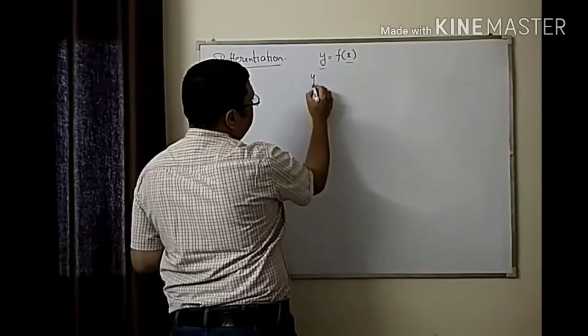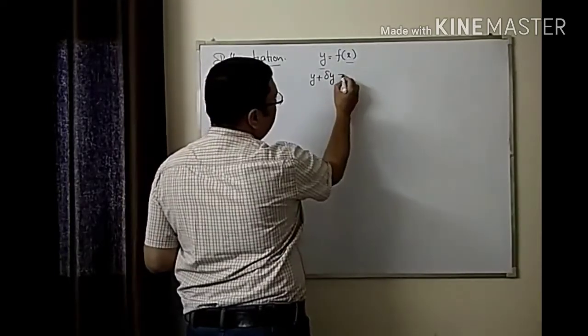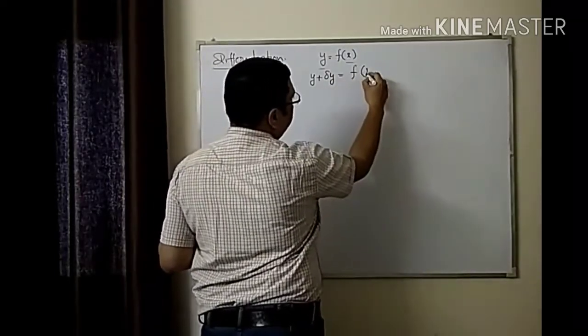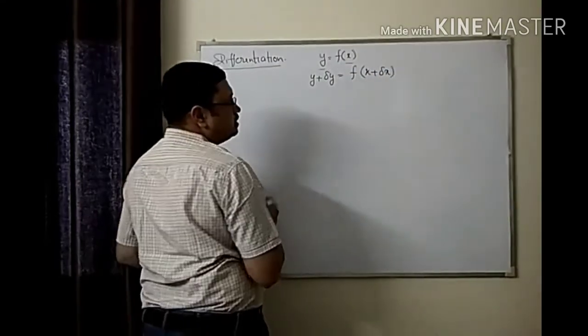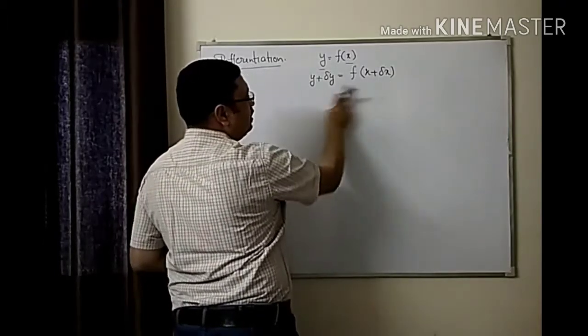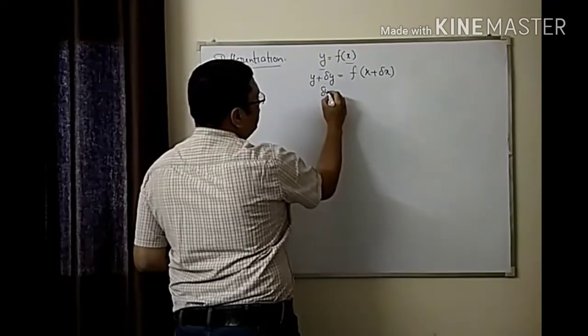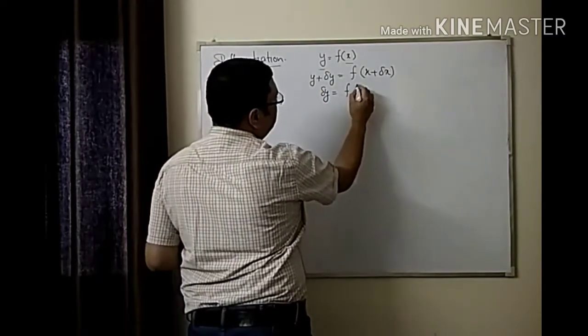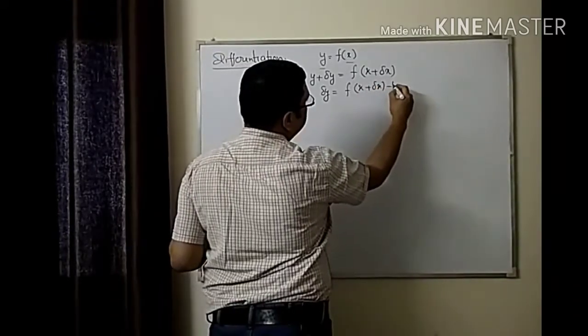So we can write that y plus delta y is the increment in y because of the increment in x, that is x plus delta x. Delta y and delta x are increments in the value of y and x respectively. Delta y we can write is f(x plus delta x) minus y.